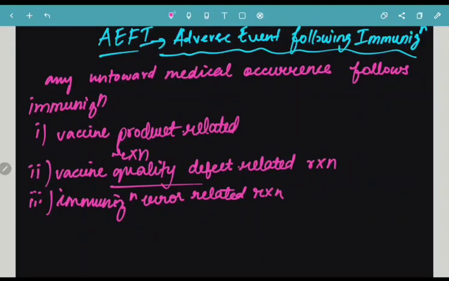Immunization error related reaction means an AEFI that is caused by inappropriate handling, prescribing or administration, and thus by its nature is going to be preventable.